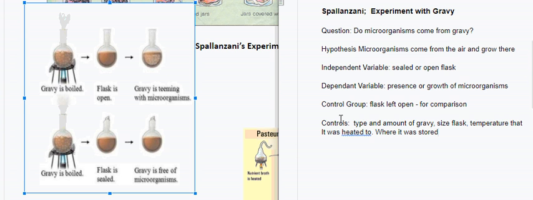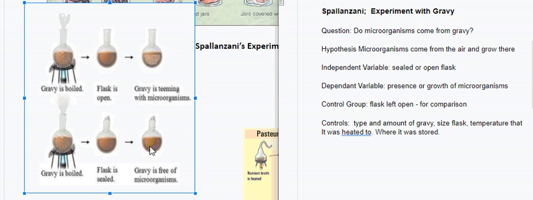All these things have to be controlled, because if you change anything, someone's going to say, well, how do you know it's because the flask was open? It might have been because you kept one in a dark room and one in a light room. All right, so the results seem to be conclusive. No microorganisms could grow there.